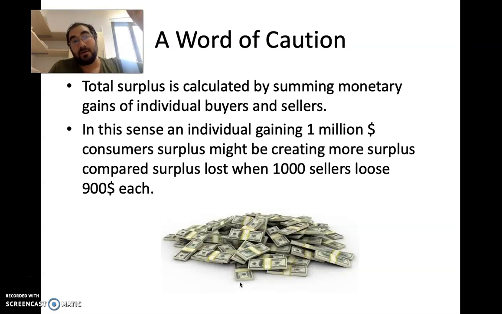But again, here the loss will be $1: by increasing the price of bread to $2, you decrease the market surplus of this person by $1, which is almost 1/1,000,000th of the surplus gained by, for example, this billionaire.